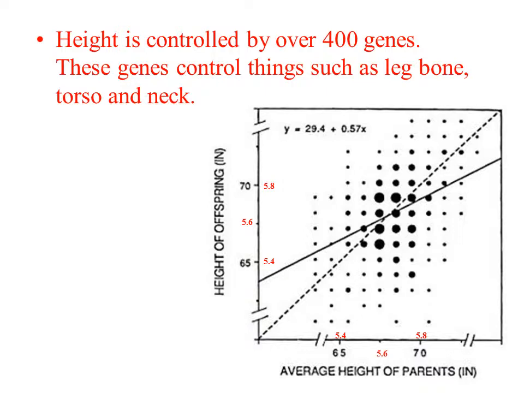Your mom could have had a long tibia that she gave to you. Your grandma could have given your dad the gene for having a long arm versus a long torso versus a long neck. All of these long bones, torso, and neck contribute to height. This is controlled by over 400 genes.